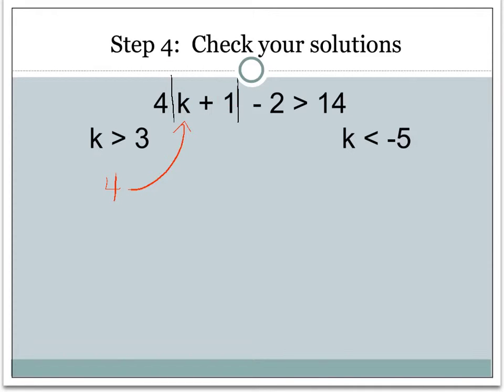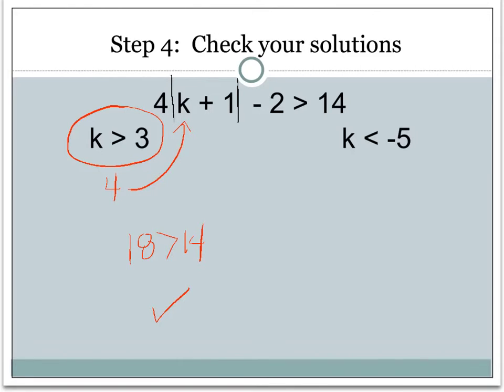The absolute value of 5 is still 5. 5 times 4 is 20, and 20 minus 2 is 18. The statement we end with is 18 is greater than 14. Is 18 greater than 14? Yes, that is a true statement. So k is greater than 3 works for our inequality.